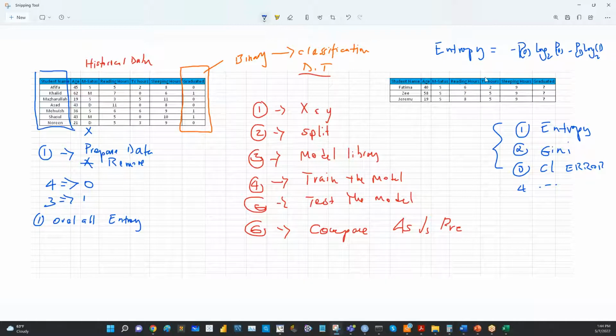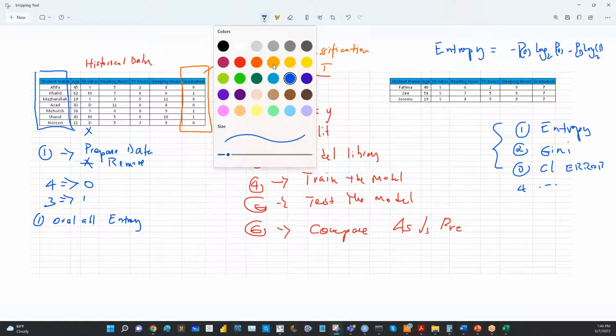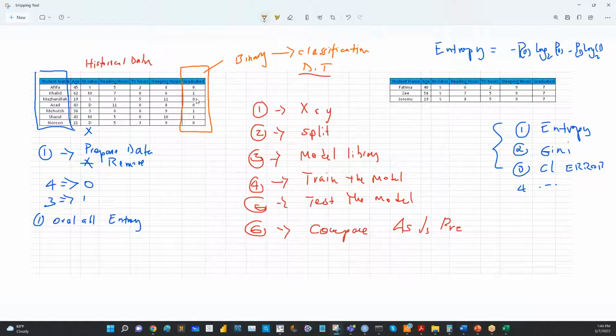So we are going to do the probability of 0. What is the probability of 0? You got 1, 2, 3, 4, 5, 6, 7.